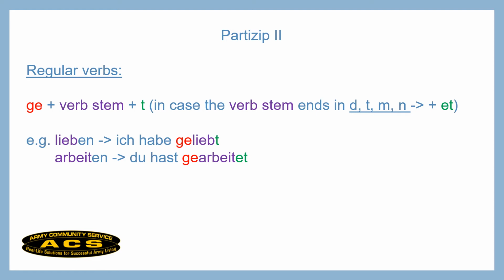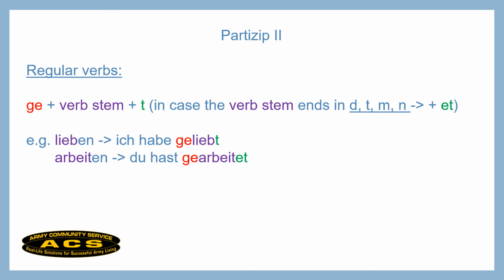So once I know how to conjugate haben and sein, I need to know how to build the Partizip zwei. So for regular verbs, that's pretty easy. All you have to know is that there's a ge prefix and every verb has a verb stem. And then to that verb stem, I have to add a t. Yeah. So for example, I do have the infinitive lieben, which means to love.